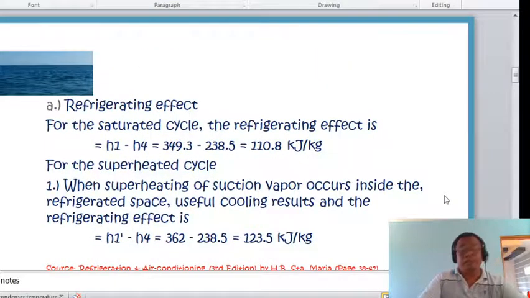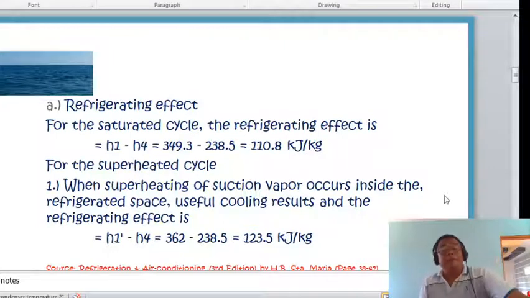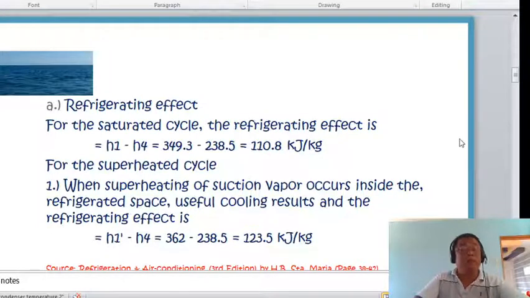Let us now consider, class, the refrigerating effect. For the saturated cycle, the refrigerating effect is the difference between the enthalpy at 1 and 4 originally, so that is 110.8. These are already known, class. For the superheated cycle, the difference is H1 prime minus H4, which equals 123.5 kilojoules per kilogram.